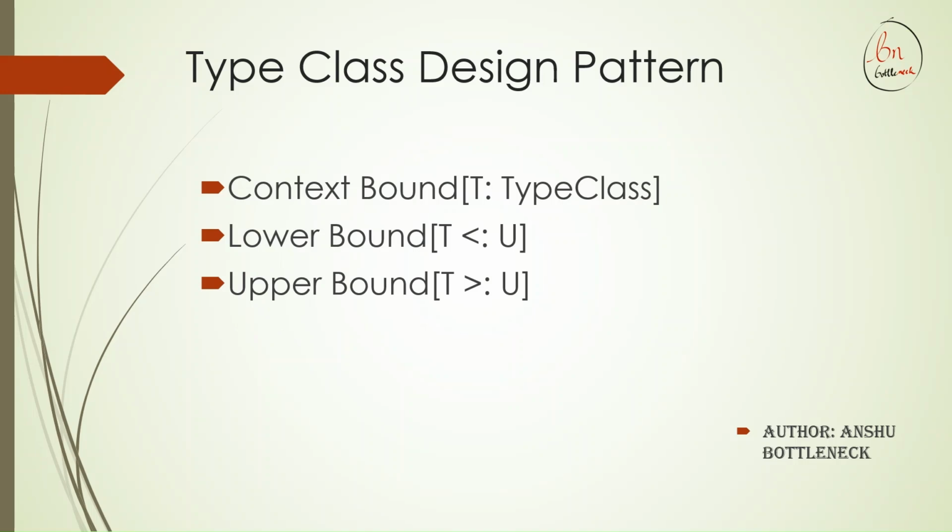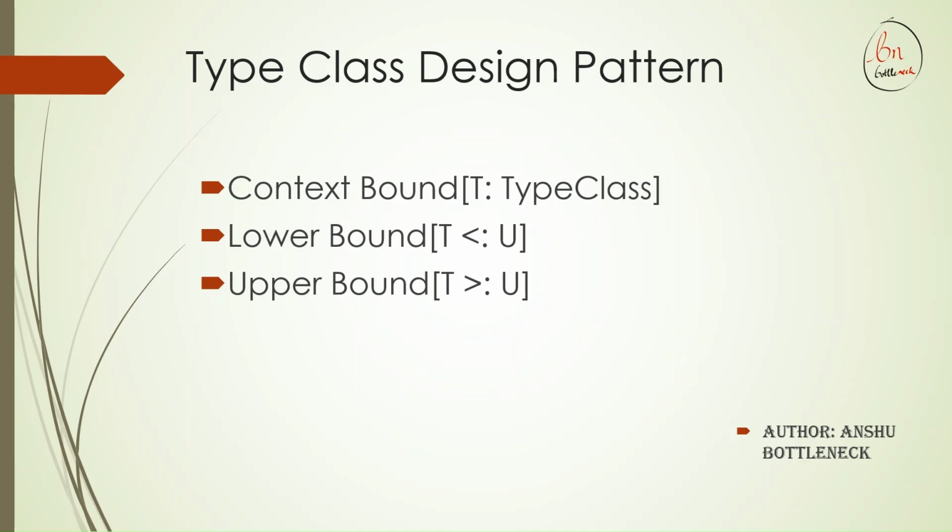Now the lower bound is less commonly tied to type classes but relevant when you want a type parameter to accept supertypes, often in scenarios involving variance. It restricts a type parameter to be a supertype of a specified type.